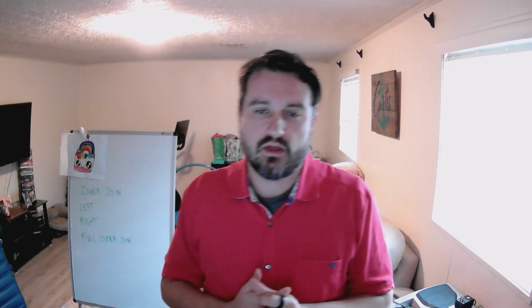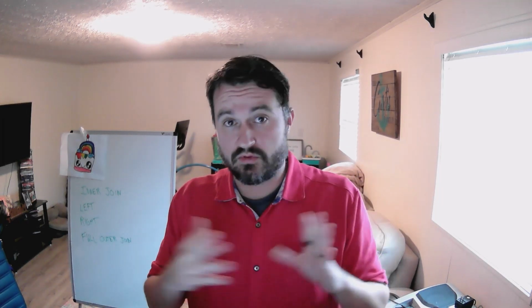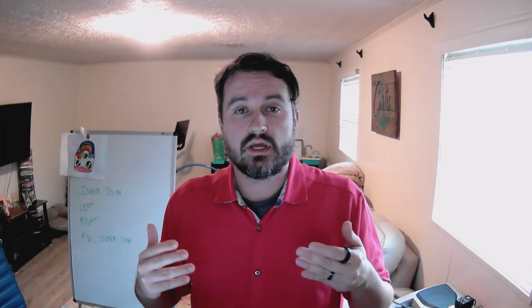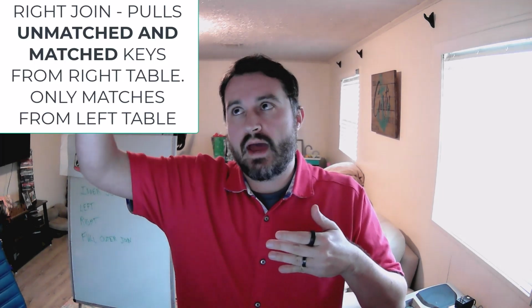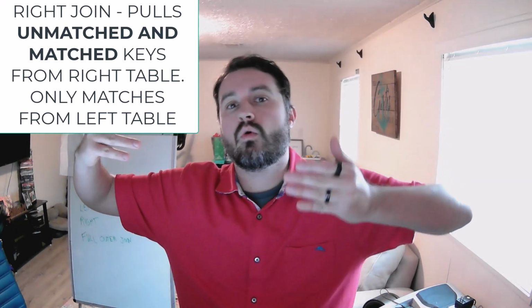That's the left outer join, and then you can probably guess the right outer join is going to say pull me all the matched and unmatched records on the table on the right, and then only pull where the records match on the left. So it's kind of the inverse of the left outer join.